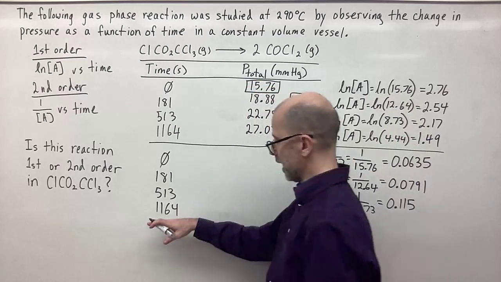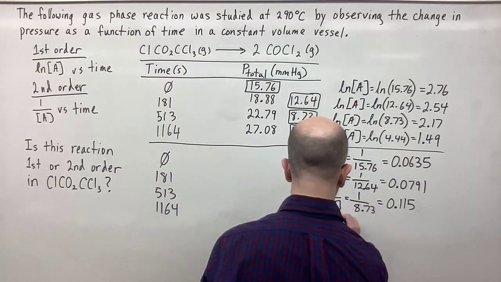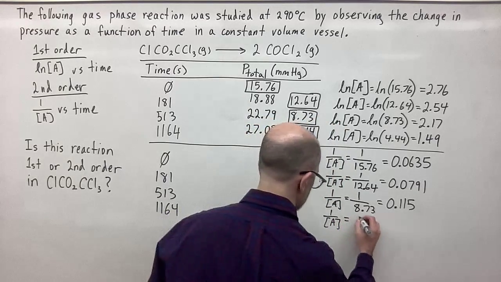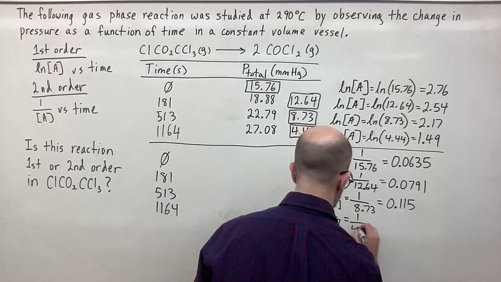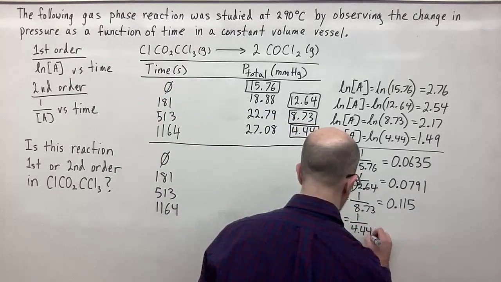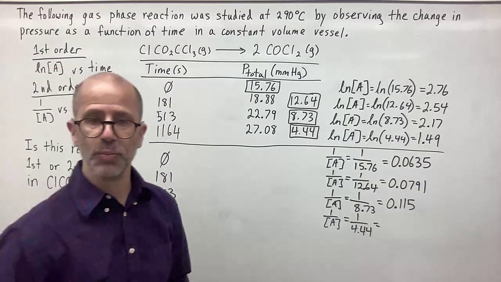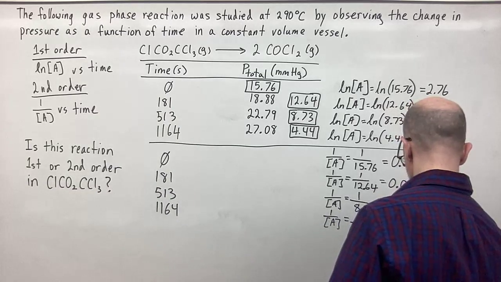And finally, at 1164, we're going to have 1 over A, and that's going to be equal to 1 over 4.44, which is equal to 0.225.